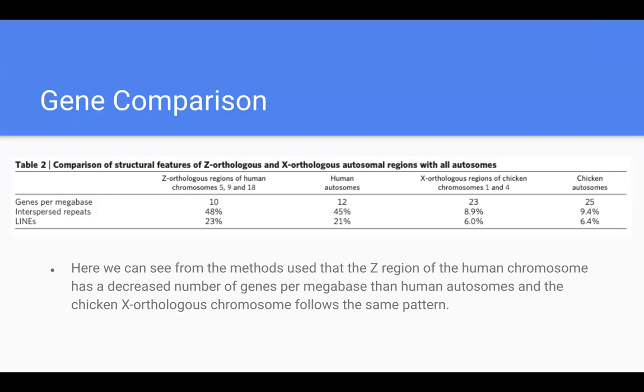Same for chicken autosomes and the X orthologous regions. There seems to be a lower number of genes in the X orthologous regions, or the sex coding regions. Now, we can see that there seems to be a decreased number of genes per megabase, which is followed by both of these in the same pattern. And it shows how both of these orthologous regions have lost genes as they've matured and developed.